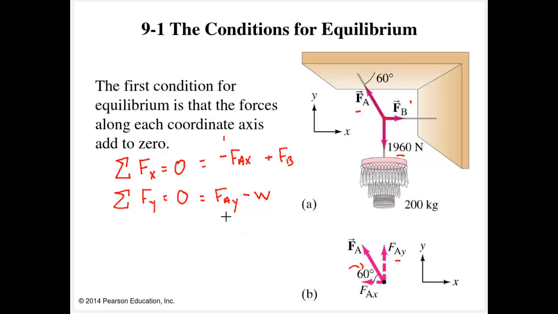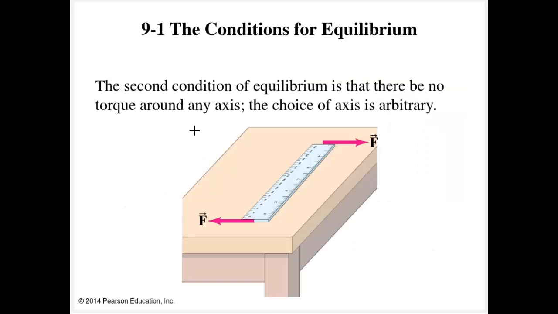The way we go about solving this is we take this equation right here. We know the weight, so we solve for the force A in the y direction. We can relate that back to the force A in the x direction using trigonometry, and then we can figure out how much force is going to be supplied by the wall on this side over here that we're calling B.